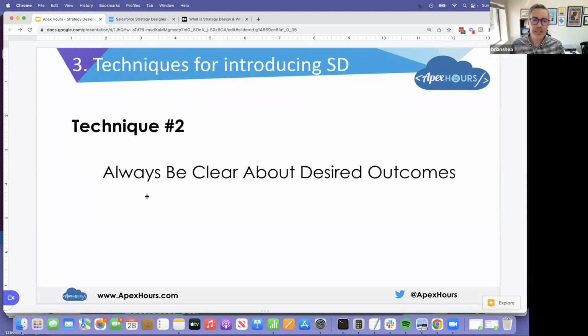One of the other pieces that I mentioned with, for example, how might we statements is we're making what we call hypotheses about the best way to achieve those outcomes. We don't know when we build a feature if that feature is actually going to address the outcomes that we want.